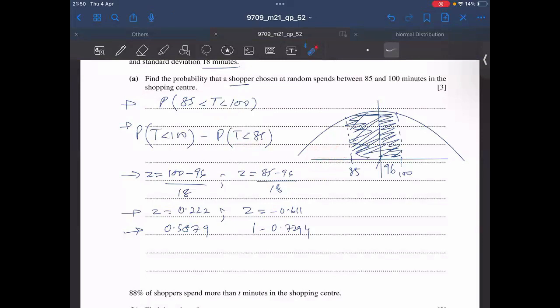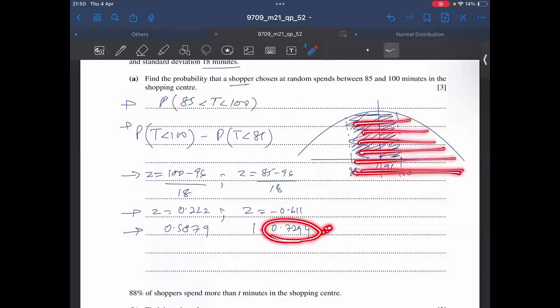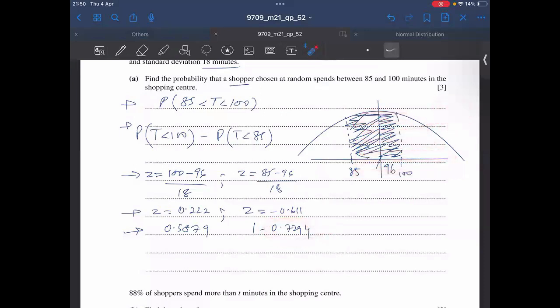The probability we got against 0.611, which is 0.7294, represents the probability greater than 85, because that covers more than 50% of the area.